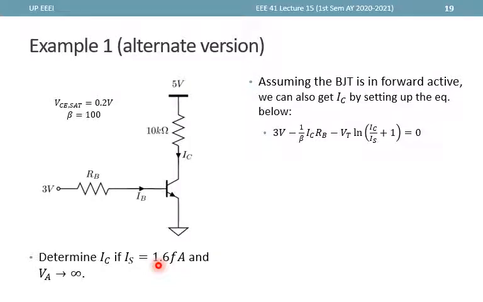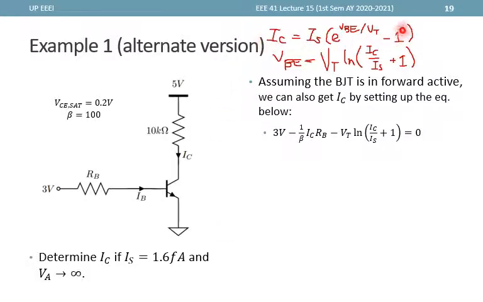So instead of setting up the equation in terms of VBE, we can solve for IC. And from this original equation, we can isolate VBE. So IC over IS plus 1, we take the ln of that and multiply by VT to get VBE.